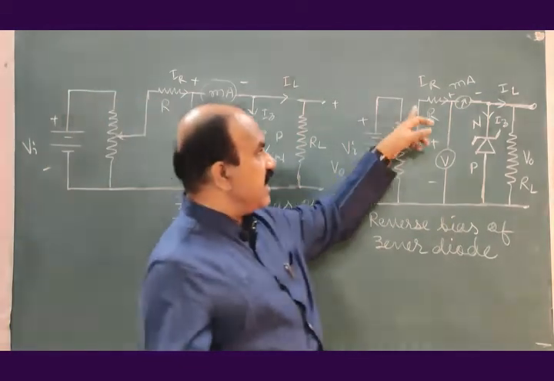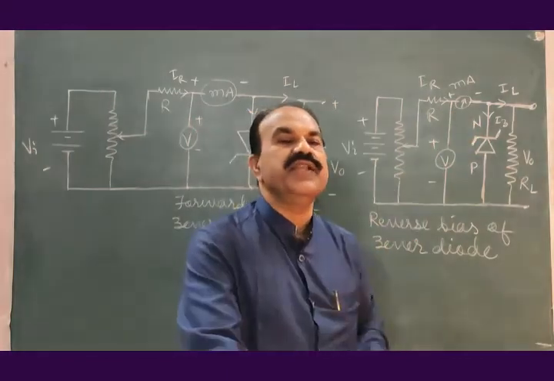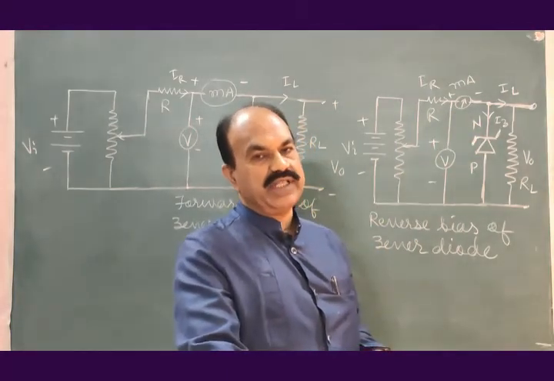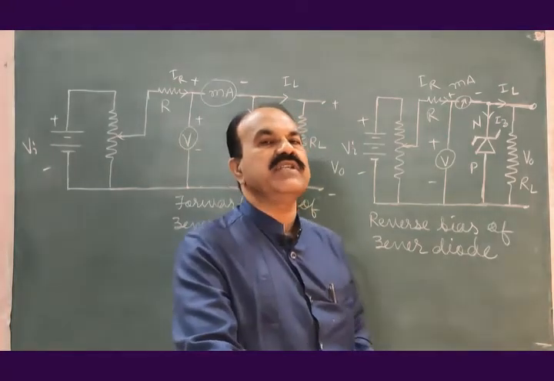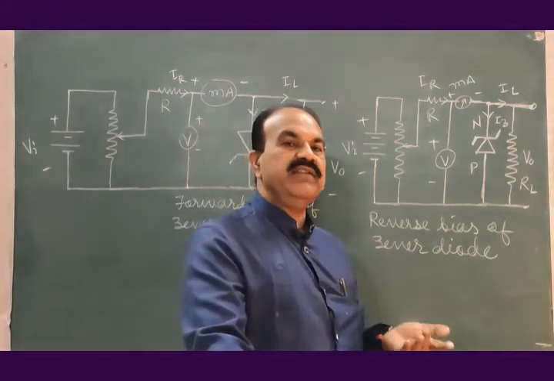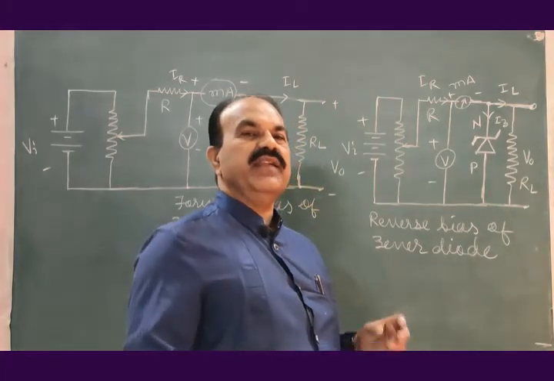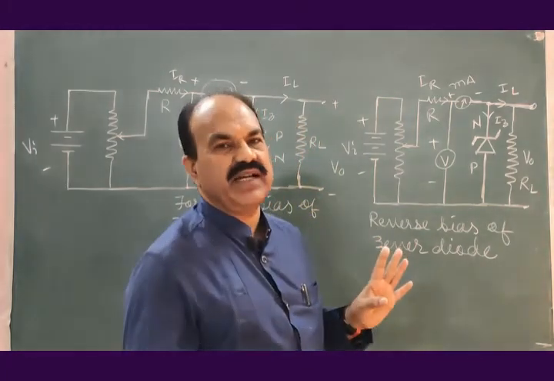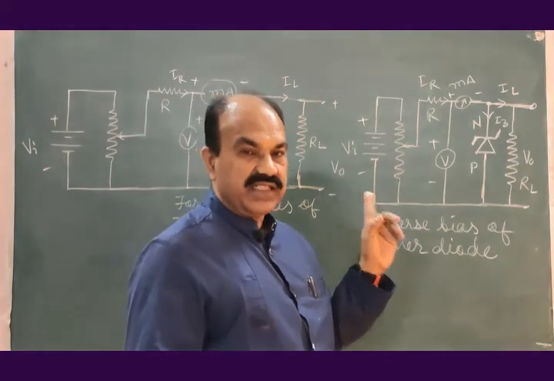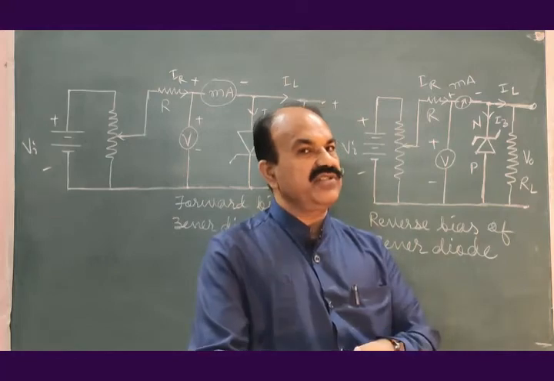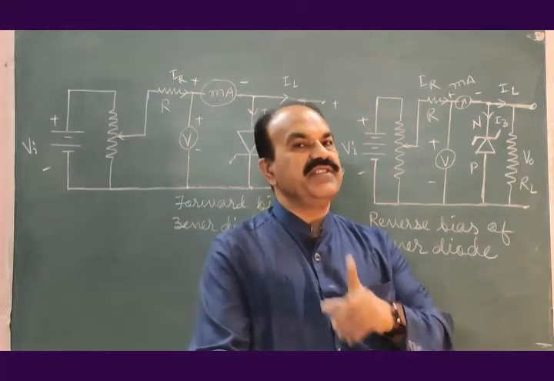And this R and this RL are used to control the current flowing through the Zener diode, so that it can work safely, whether in forward bias or reverse bias. It is conducting in reverse bias as well as in forward bias. But the Zener diode is specially fabricated, specially manufactured to conduct in reverse bias.